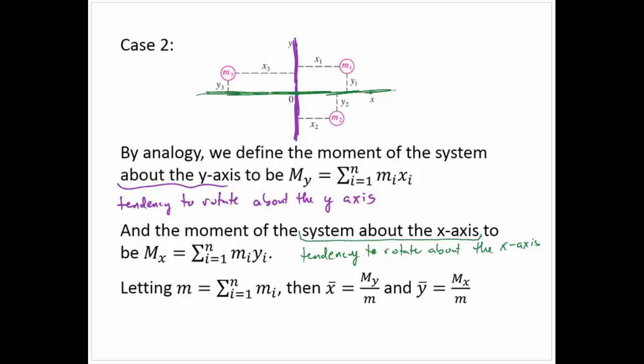sum of the products of the masses times the x-coordinates. And the moment of the system about the x-axis, m sub x, is the sum of the masses times the y-coordinates.